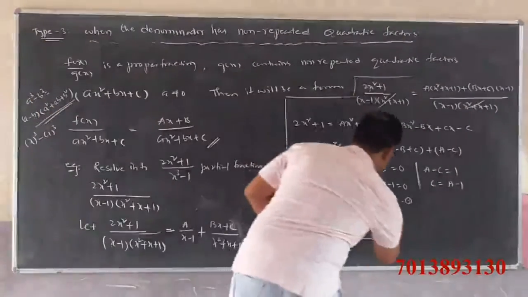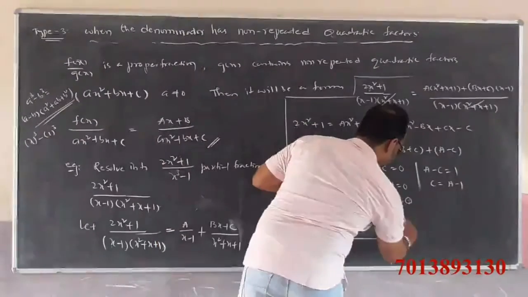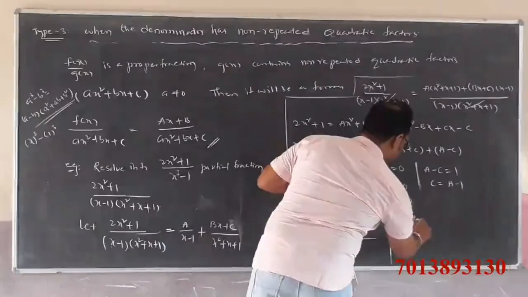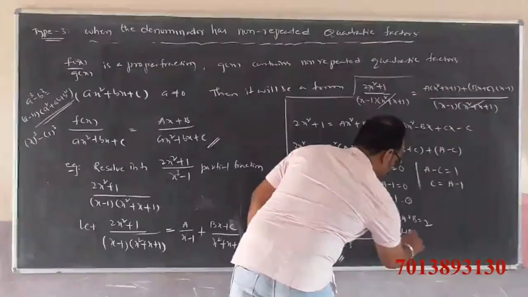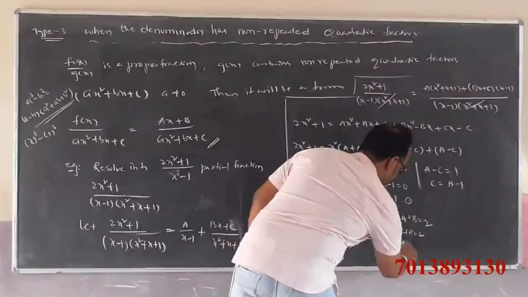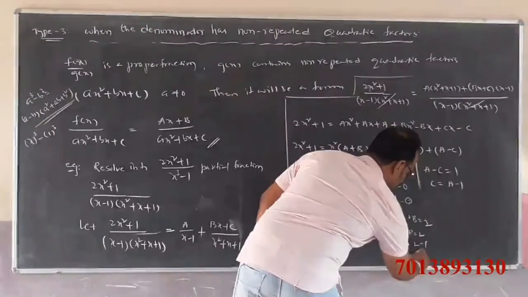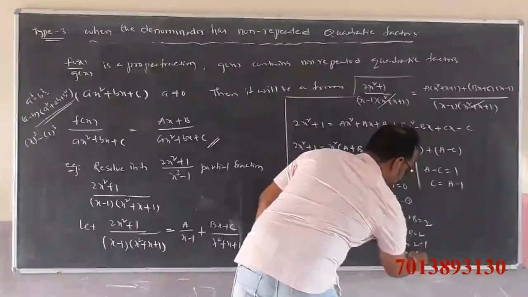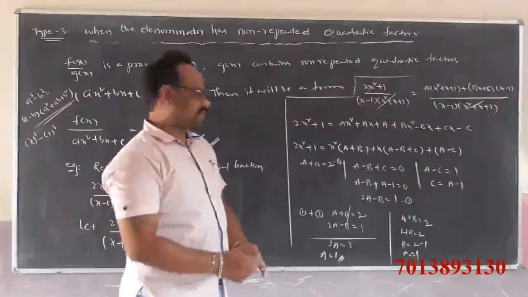We want the b value. Substitute the a value in equation number 1: a plus b is equal to 2. The a value is 1, so 1 plus b is equal to 2. B is equal to 2 minus 1. We get b is equal to 1.